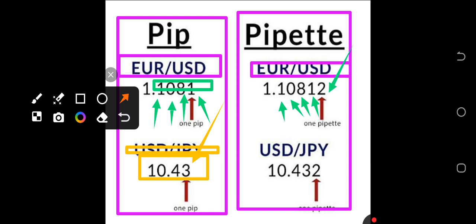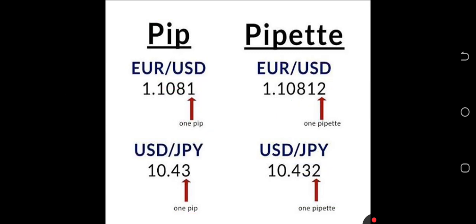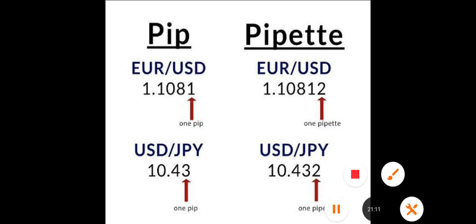What you are looking out for is just the second number after the decimal point. Forget about what is before the decimal point. Any value before the decimal point in any currency pair, forget it. Just focus your attention on the values after the decimal point. 432. The 2 there is the pipet, while the 3 is the pip. Alright, I believe this is clear.